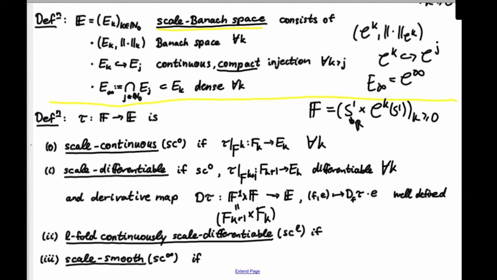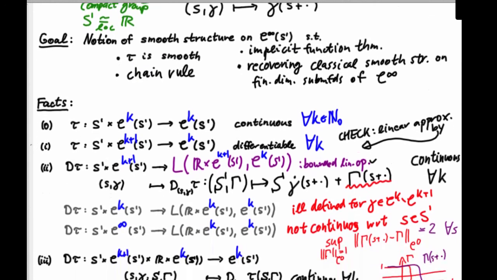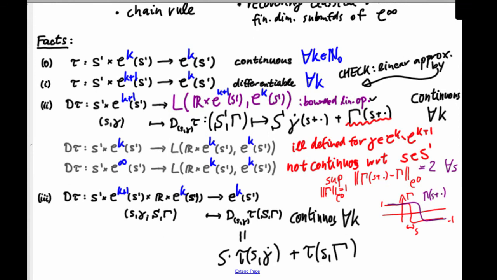And what we saw here: this is my Fk plus 1, this is my Fk to Ek, and as such this is continuous for all k, which means in our new world this is scale continuous.